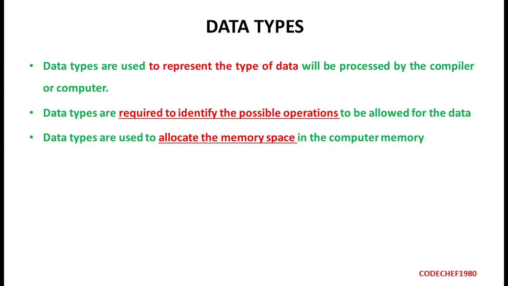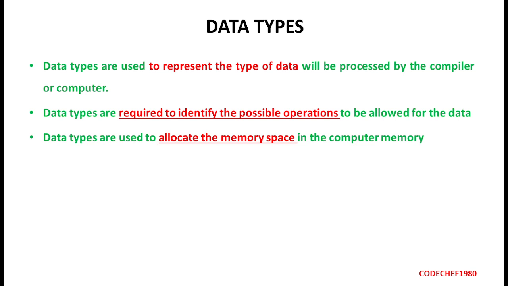Then the next role is that the data type is useful for allocating memory space, because whenever any data is given as input to the computer and whatever results are computed, the computer has to store the data in the computer memory.